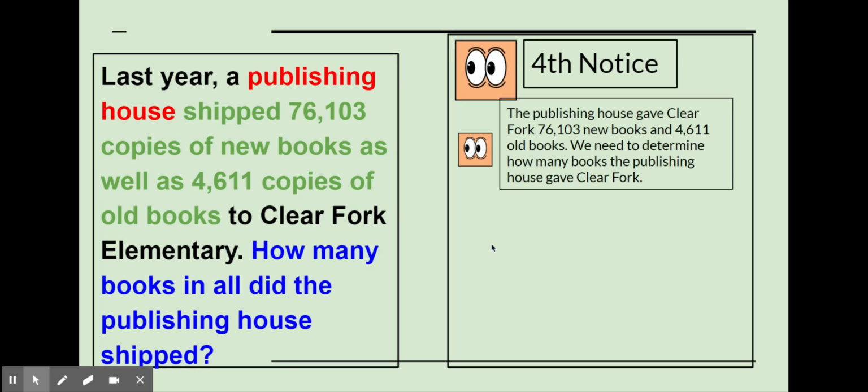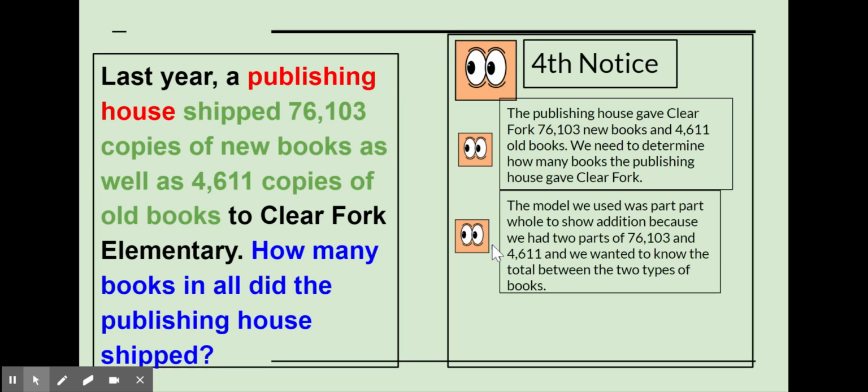So that's what we did in our first look. In our second look, that's where we drew our model. So the model we used was part-whole to show addition because we had 2 parts of 76,103 and 4,611, and we wanted to know the total between the 2 types of books.